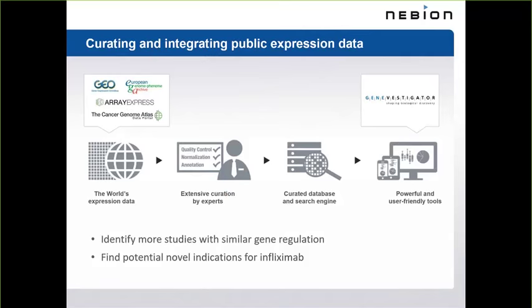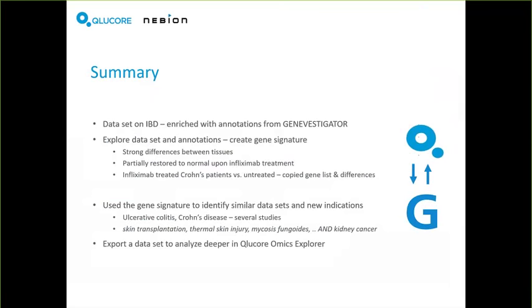So this brings me to the summary of all of what we've shown to you. So we started off with a data set on IBD, which was enriched with annotations from Genevestigator, and then explored this data set and annotations in Qlucore Omics Explorer. She found some strong differences between tissues. She found that the expression was partially restored to normal upon infliximab treatment of Crohn's disease, and she created a signature of infliximab-treated Crohn's patients versus untreated.